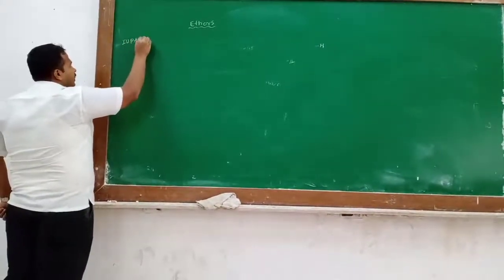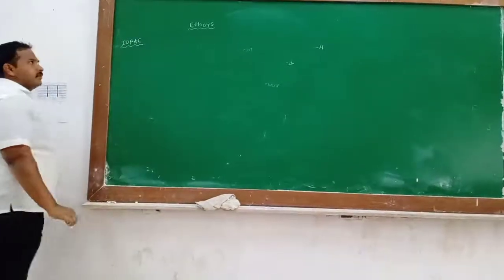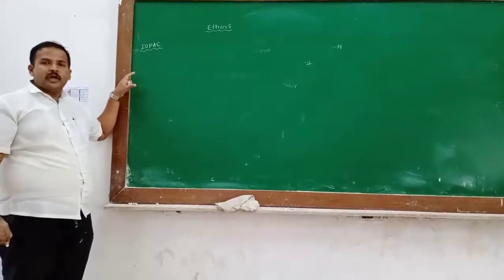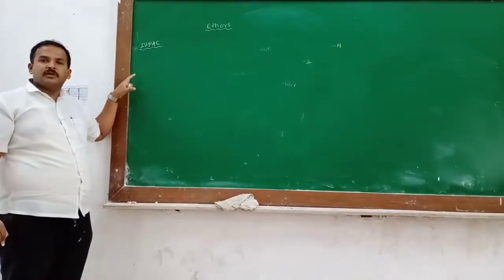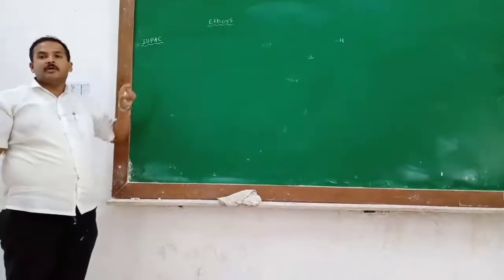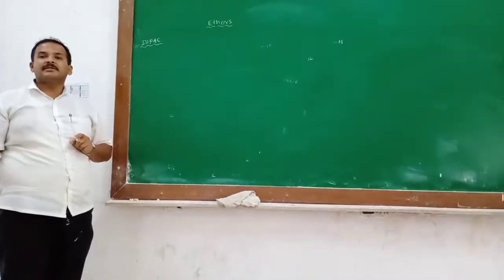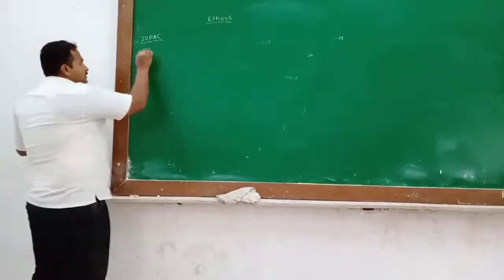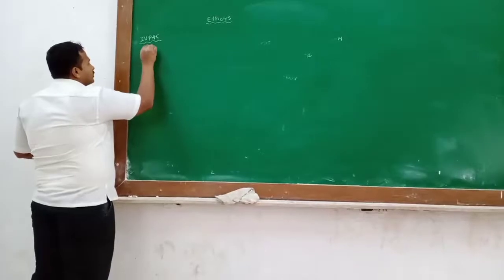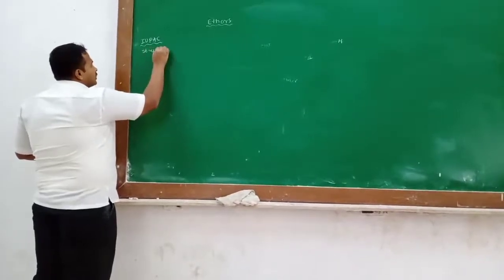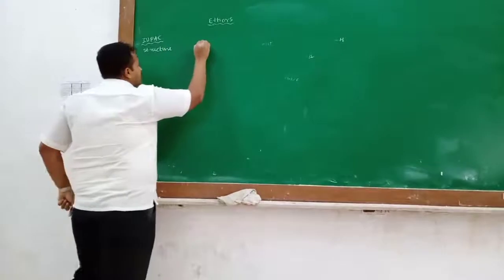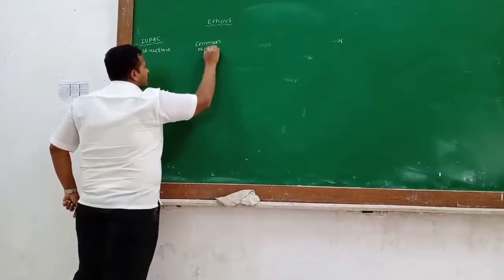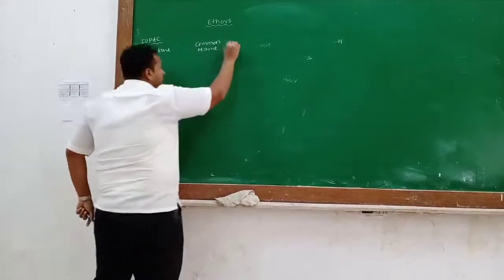Students, you have seen IUPAC nomenclature of ether in the 11th standard topic, some basic principles and techniques in organic chemistry, where you saw all the functional groups. First column, structure. Second column, common name. Third column, IUPAC name.